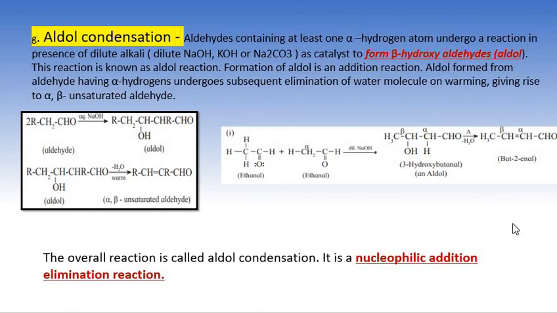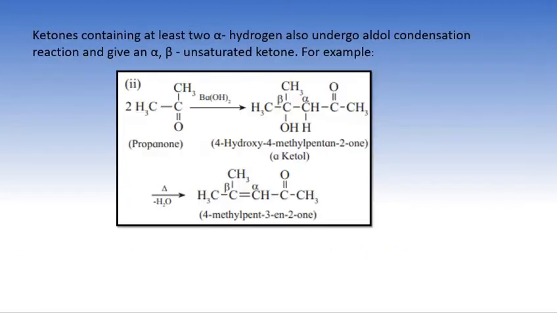It is actually a nucleophilic addition elimination reaction. In the first step, there is the addition of one aldehyde to another aldehyde, and in the second step there is the elimination of a water molecule. Now ketones.